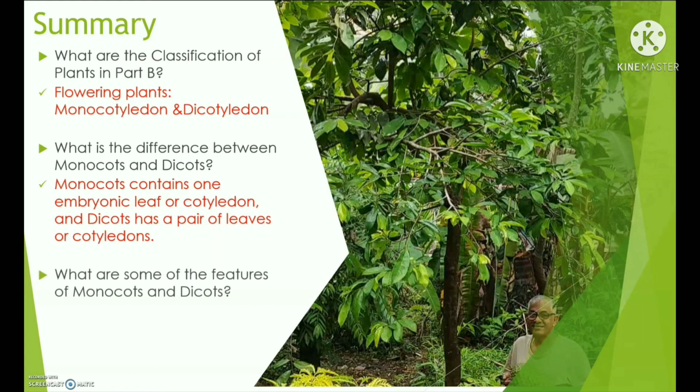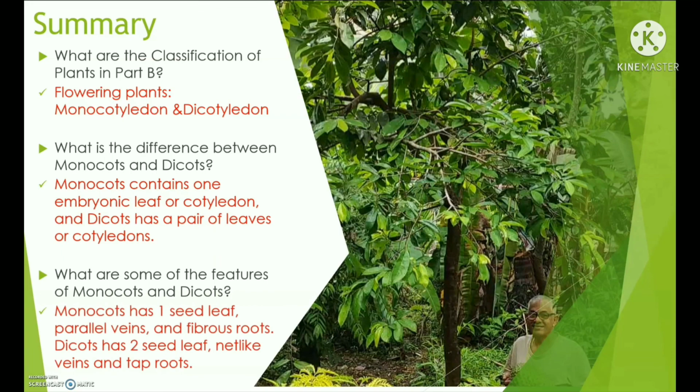So what are some of the features of monocots and dicots? Very good. So some features, monocots have one seed leaf, parallel veins, and fibrous roots, while dicots have two seed leaf, net-like veins, and taproots.